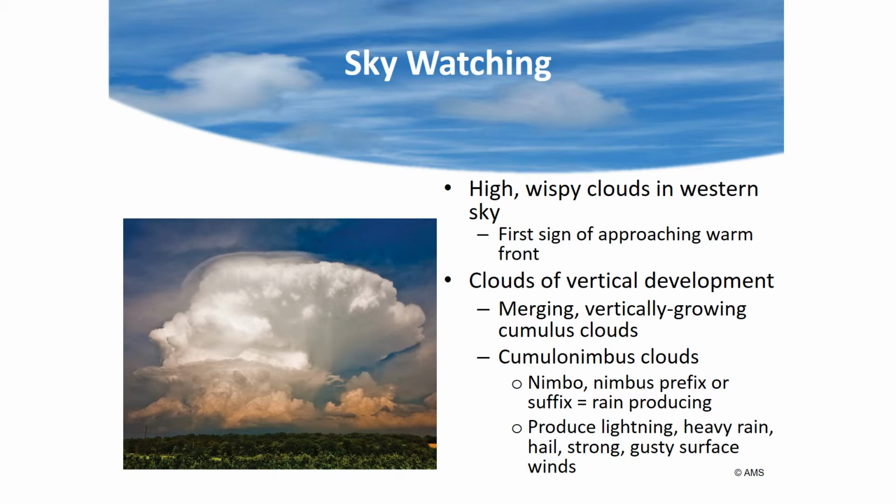Nimbo or nimbus, prefix or suffix, equals rain producing. So cumulo is a cumulus cloud and nimbus meaning rain. There's also lightning and hail and very strong winds that can occur in cumulonimbus cloud systems.